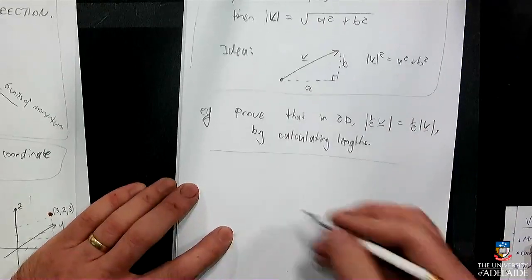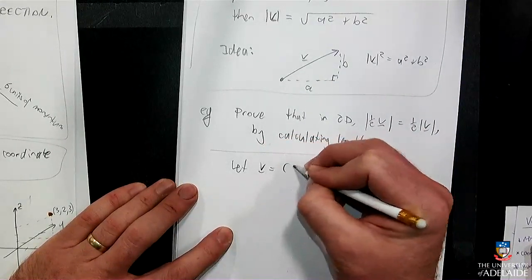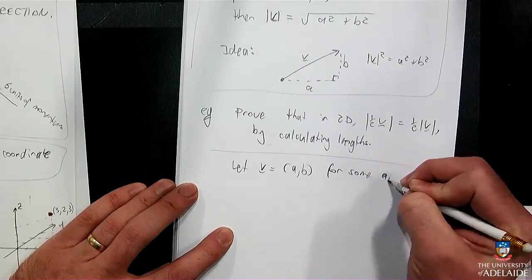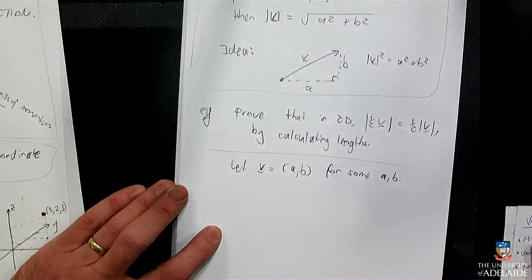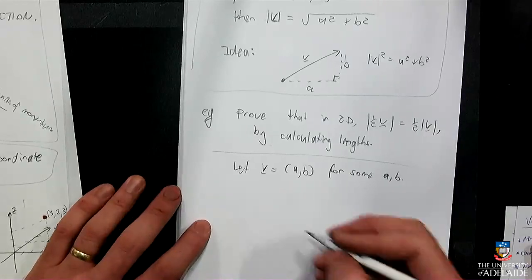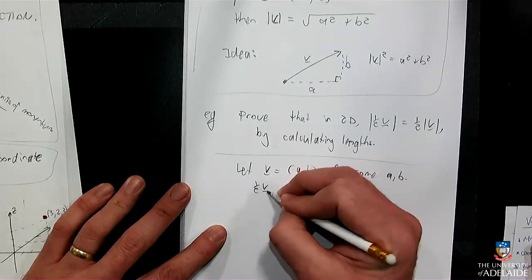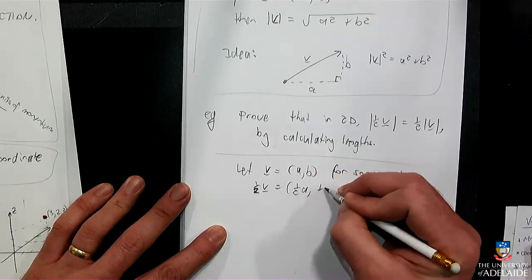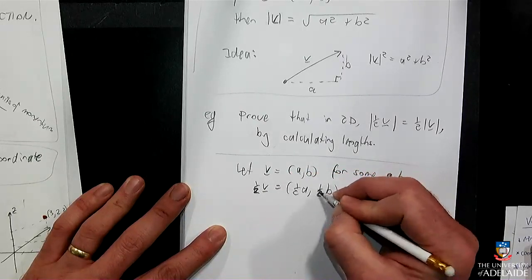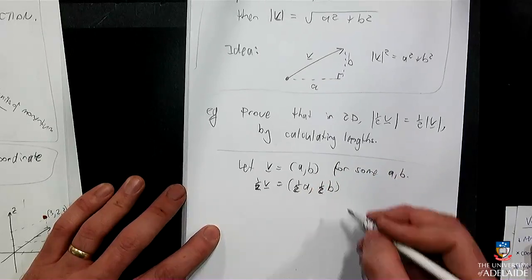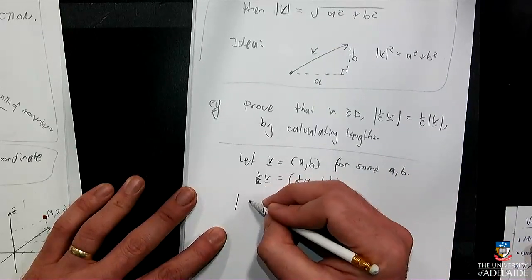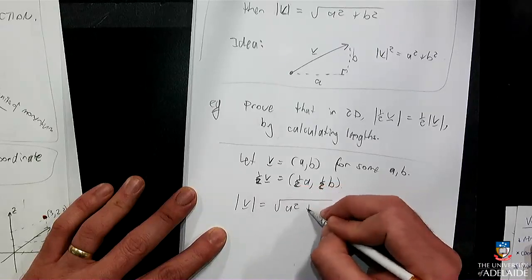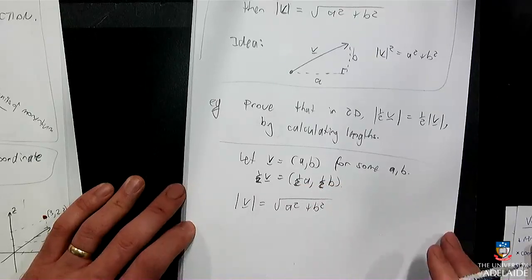So I would say let v be equal to (a, b) for some a and b. You have to always tell people what your letters stand for. And then half of v would be (half of a, half of b). So the length of v would be the square root of a squared plus b squared.